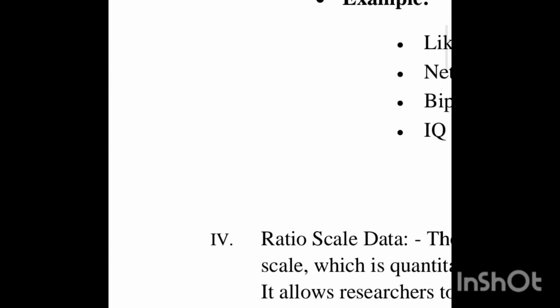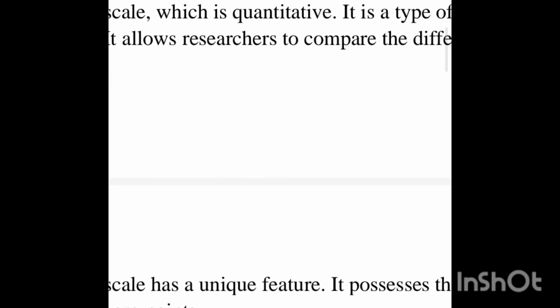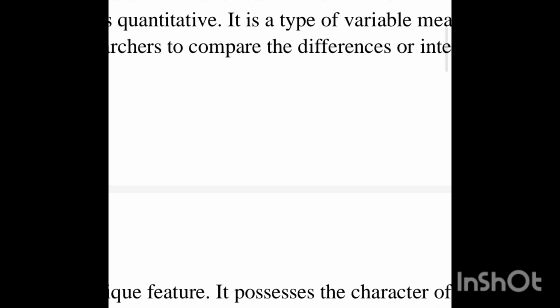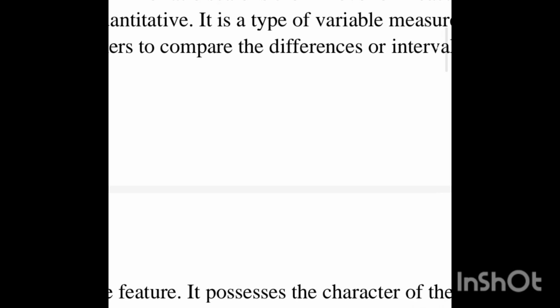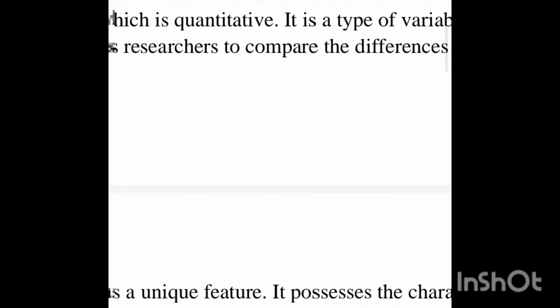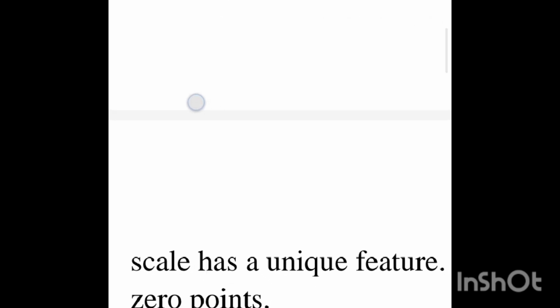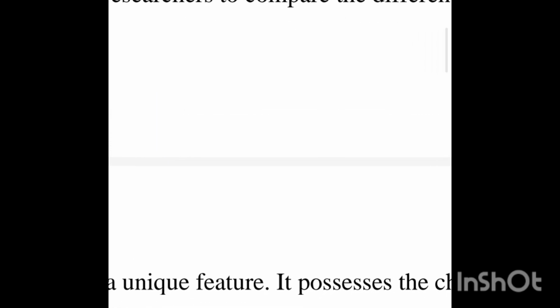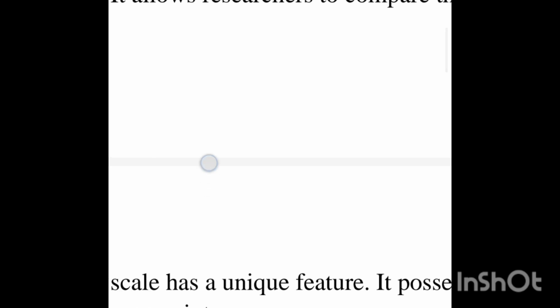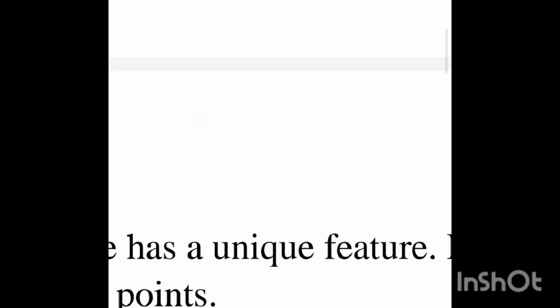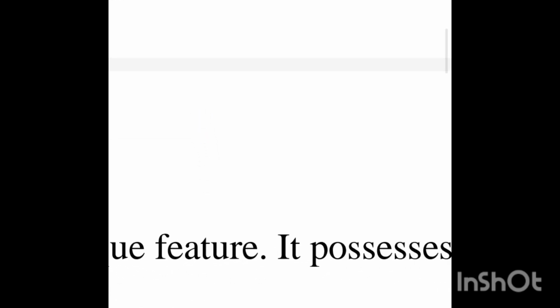The ratio scale has a unique feature. It possesses the character of origin or the 0 point. The order matters, the differences are measurable here, and it contains a constant 0 starting point.